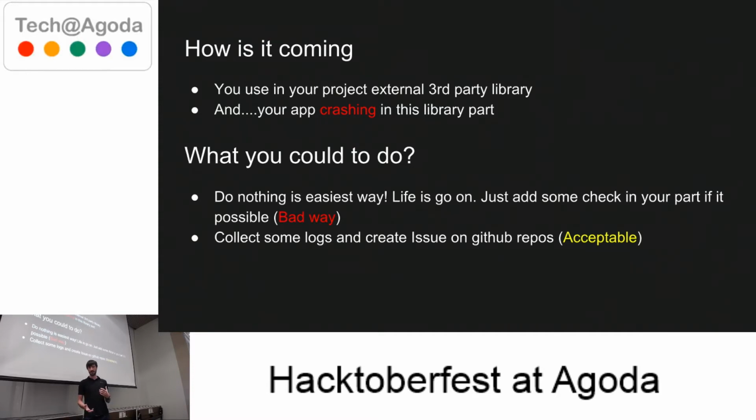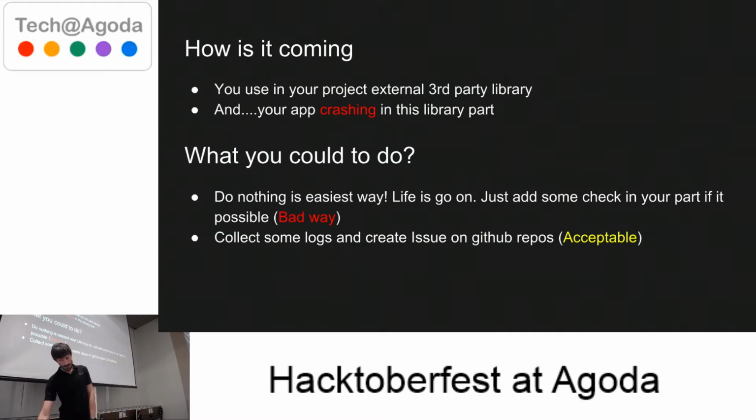But it can take a lot of time to fix. For example, the guys who own this repository don't have time for it, and it can take around, for example, 2 months, and in 2 months, it will not matter for you.